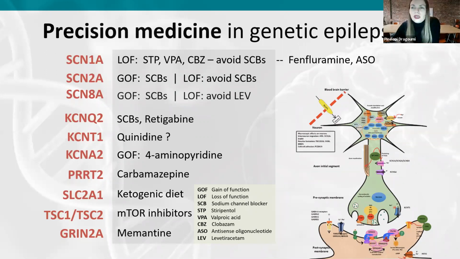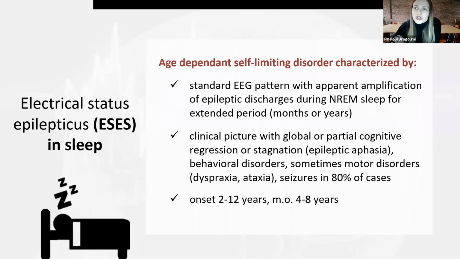This can be also correlated with seizures or not in some patients. And it is age dependent. We see that mostly in preschool and school years, and it remits in puberty.